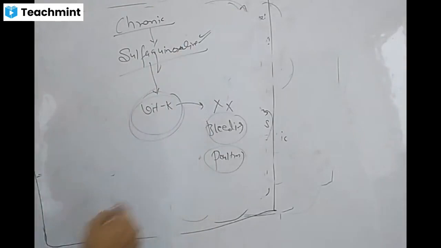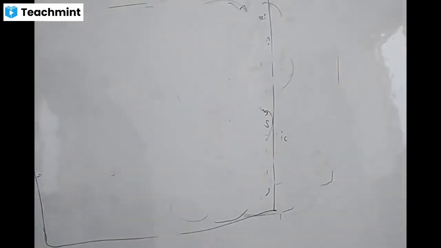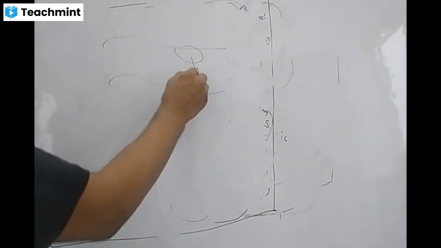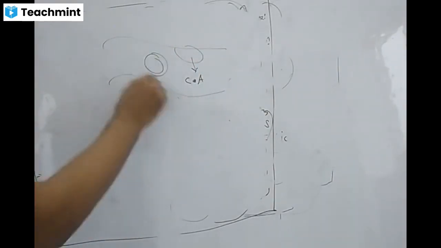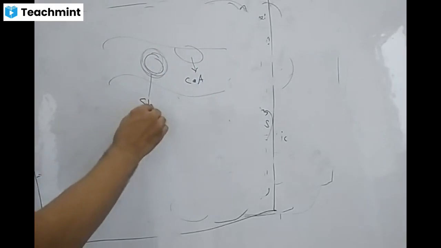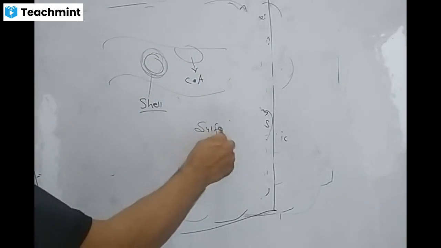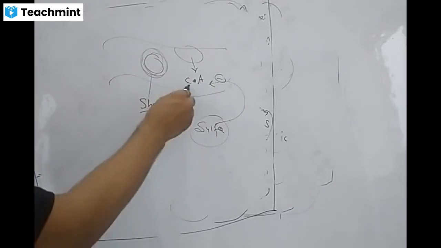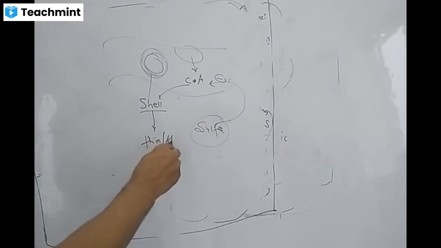Answer was sulfaquinoxaline. And one more chronic toxicity in poultry is, in the uterus of the bird, there is one enzyme, carbonic anhydrase. The role of this carbonic anhydrase is the formation of egg shell. If the sulfonamide or sulfa drug inhibits this enzyme, then the shell will be thin or maybe absent.